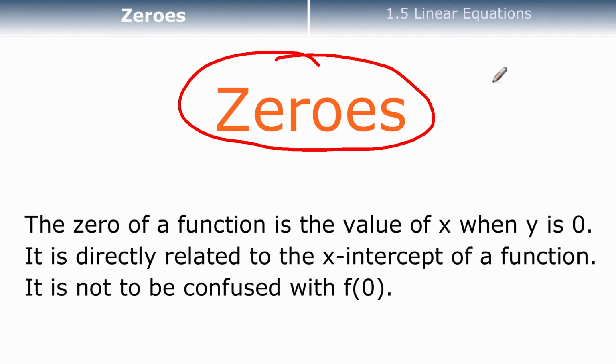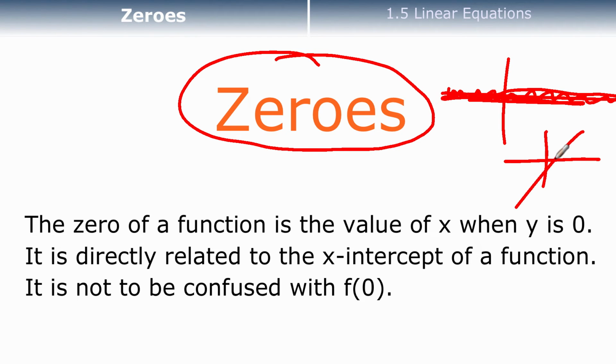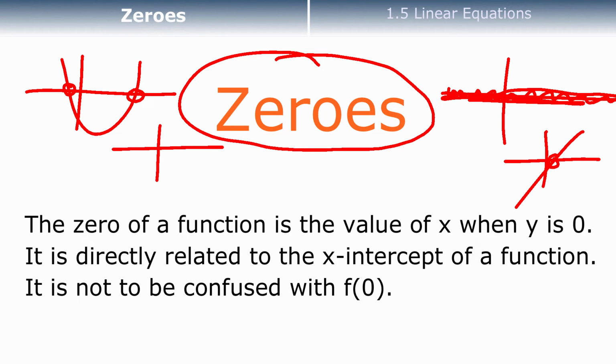If you want to look at it graphically, a 0 is any spot that the graph might cross this x-axis here. So if I have a linear function like that, this would be my 0. If I had a quadratic equation like that, this point here and this point here would be my zeros. If I have a logarithmic kind of graph that looks like that, wherever it crosses the x-axis, that's my 0.